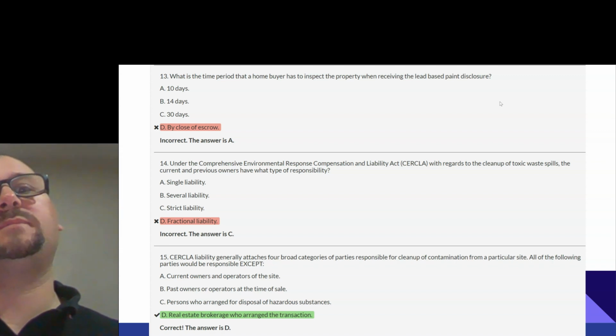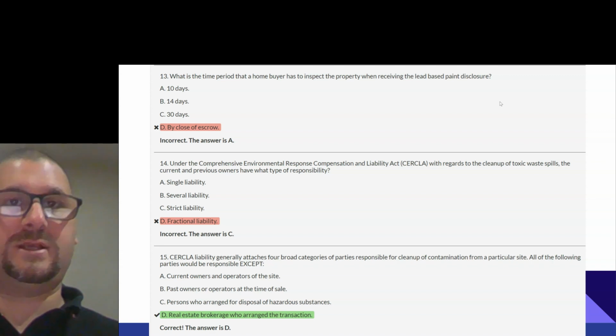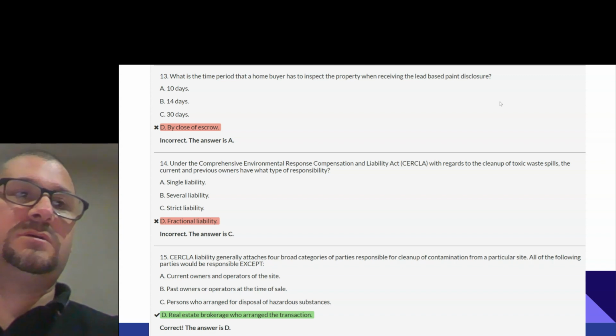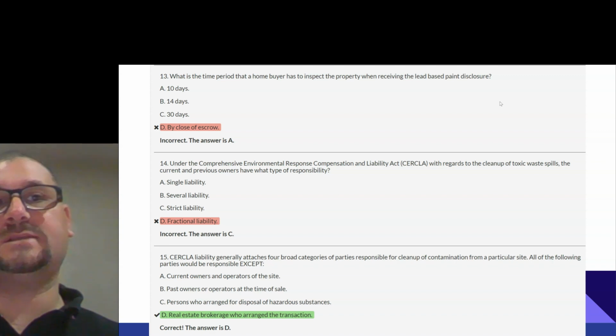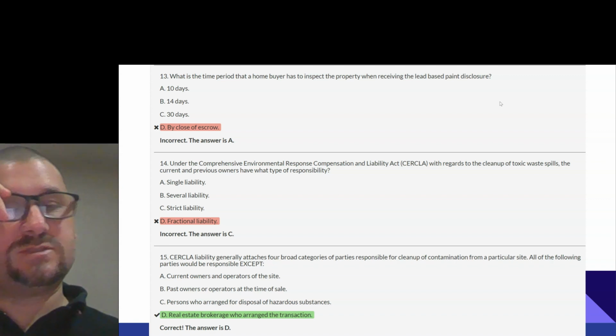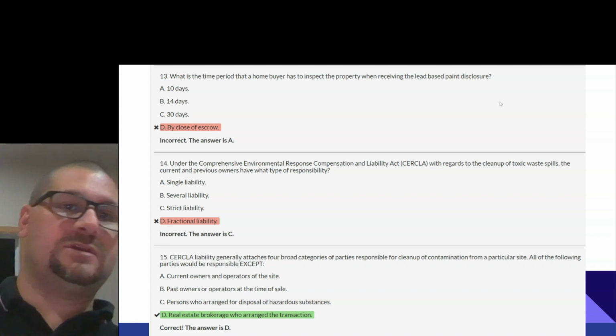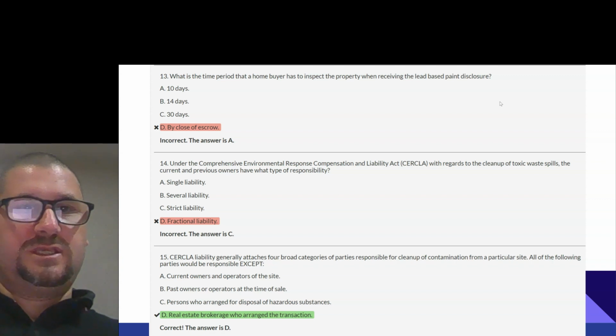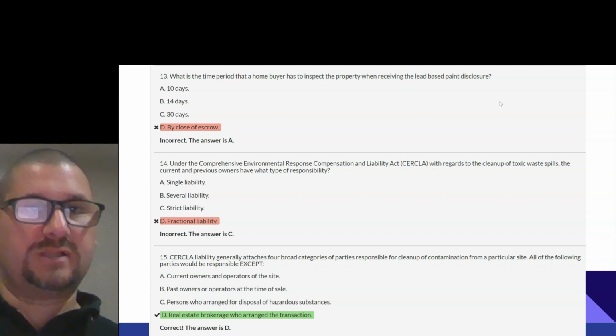So what is the time period that a home buyer has to inspect the property when receiving the lead-based paint disclosure? By default it is 10 days, but it could be shorter. It actually could be longer. There's a blank space where you can write in what it is. Default is 10 days. So 14, no. 30, no. By close of escrow, no.